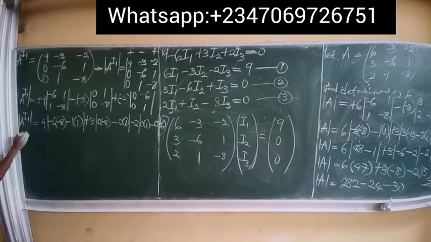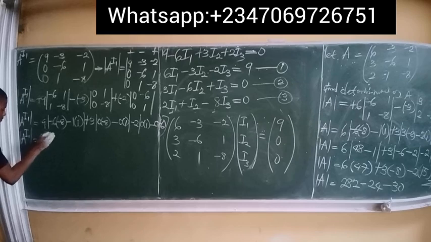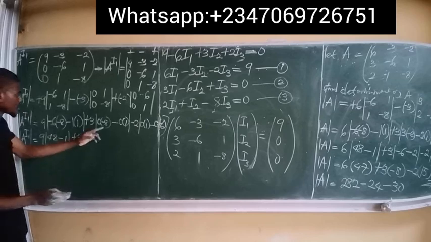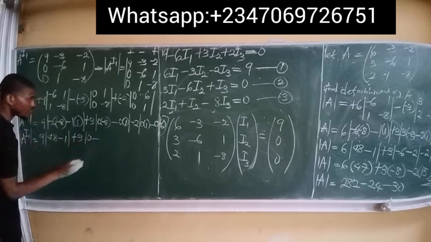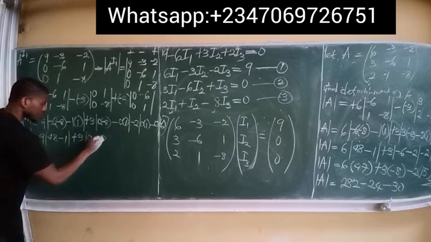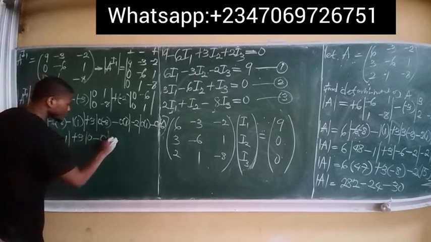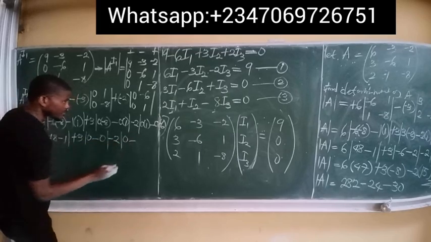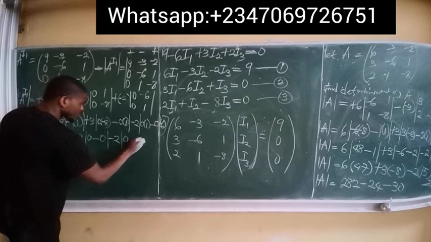So delta A_I1 is now equal to 900 into minus 6 times minus 8, of course, gives us 48. Minus 1 times 1 gives us 1. Put down a determinant bar, plus 3 into 0 times minus 8 is 0, minus 0 times 1 is also 0. Minus 2 into 0 times 1 is also 0, minus 0 times 6 is also 0.